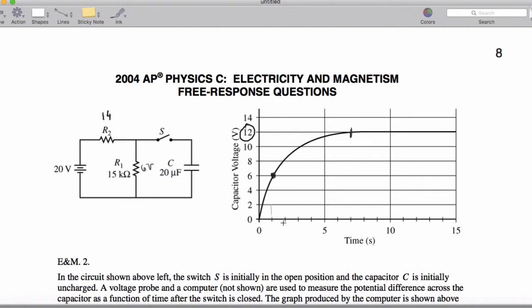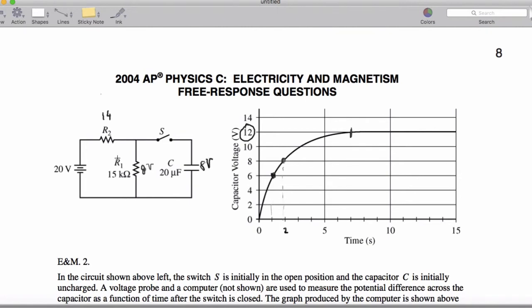Next, at 2 seconds, we've got about 8 volts on the capacitor.